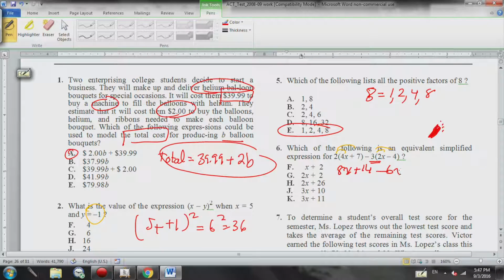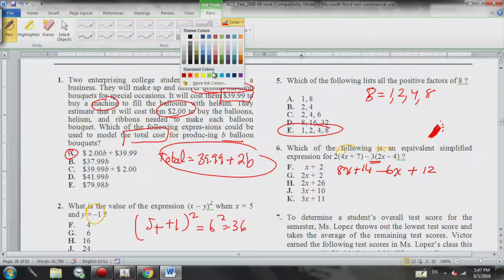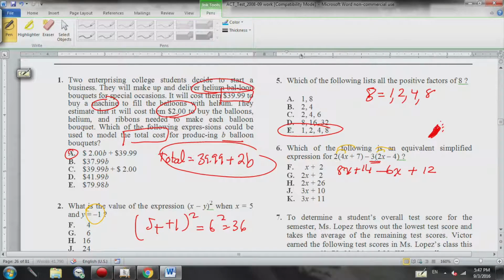So it's negative 6x plus 12. If you are not careful, you would make the silly mistake here. There's a negative and a negative, so a negative times negative is positive 12. So 8 minus 6x, that's 2x. 14 plus 12 is 26.